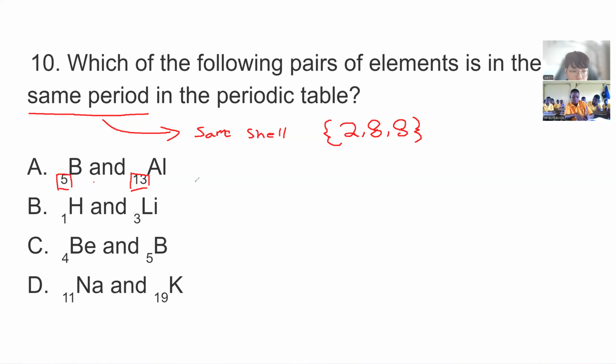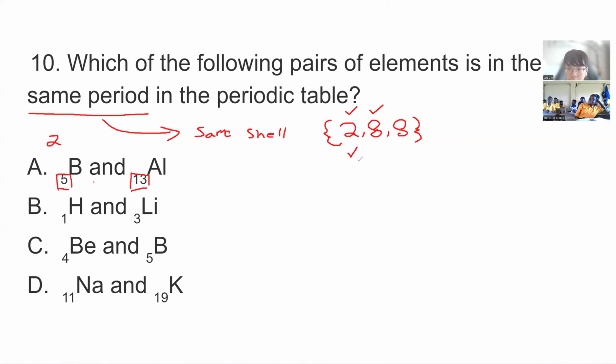Boron is in the second period because it fills out 2 and it also partly fills out 8. So it fills out 3 out of 8. So it has period of 2. But aluminum, let's see, it fills out 2, yes.